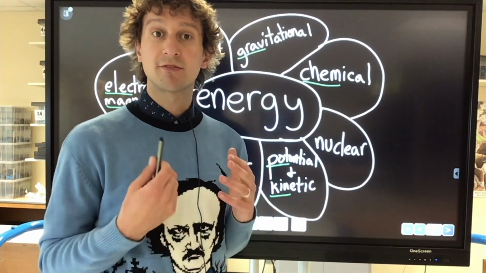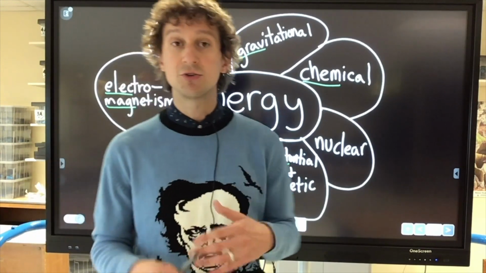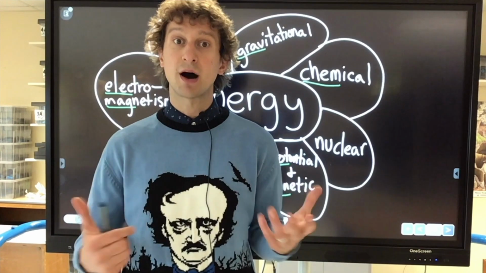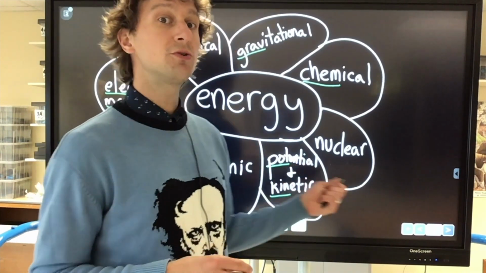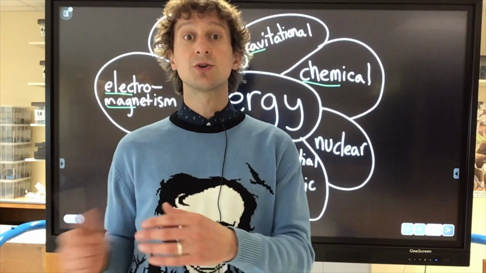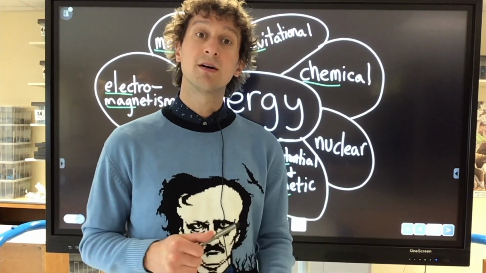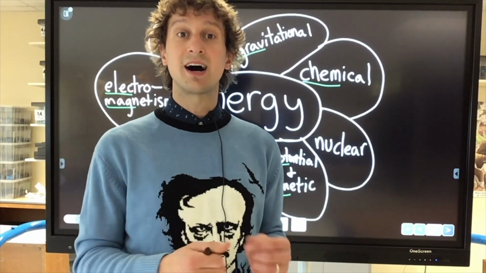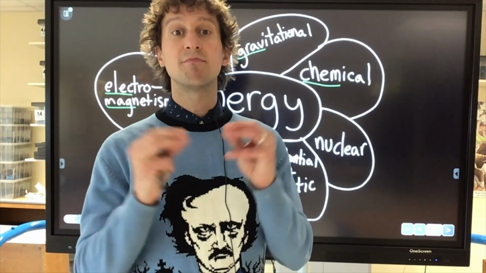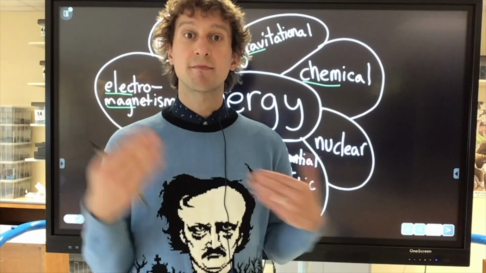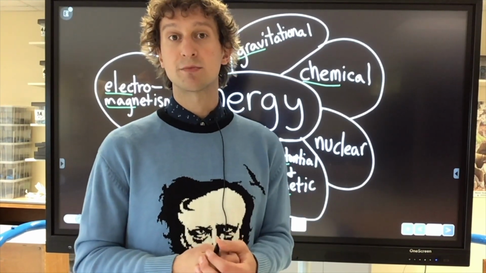Now, when we think of nuclear energy, we often think of nuclear power plants, nuclear reactors, even nuclear bombs. But when we talk about nuclear energy, it can be related to nuclear power, but it's also talking about the energy inside of atoms and inside of molecules that can be accessed by breaking those open or by combining them with another atom or molecule.